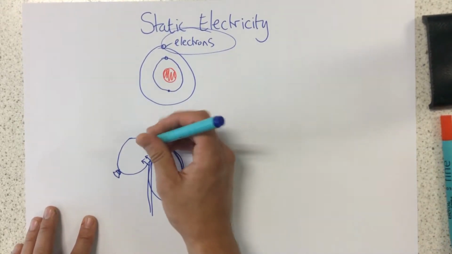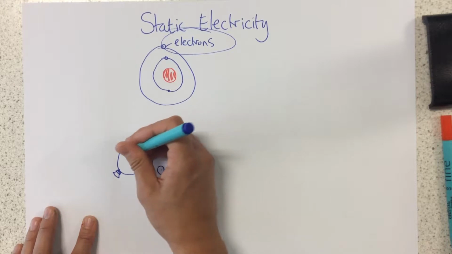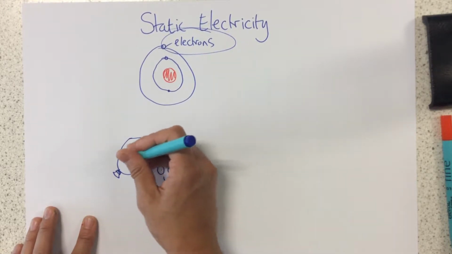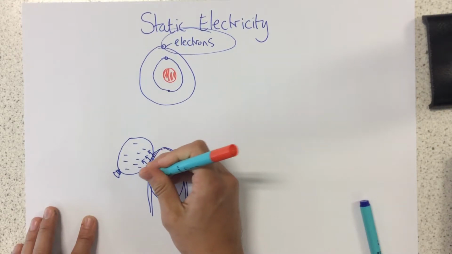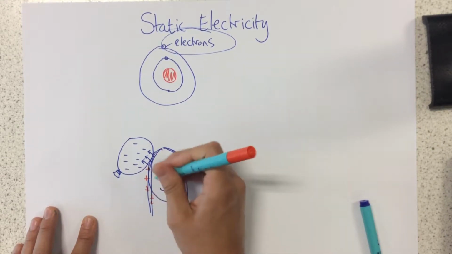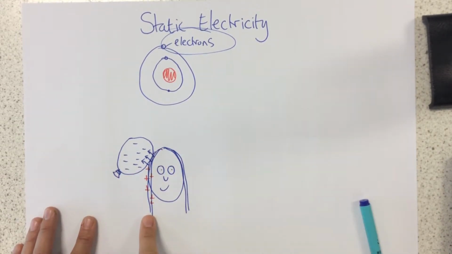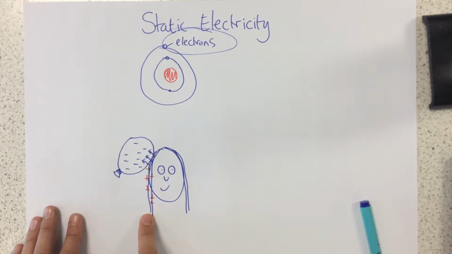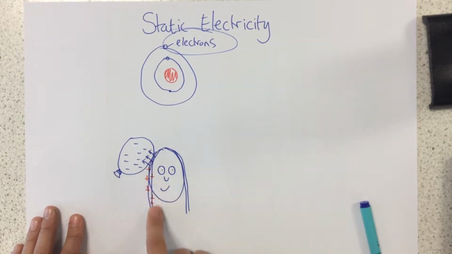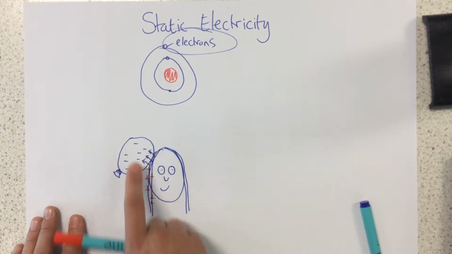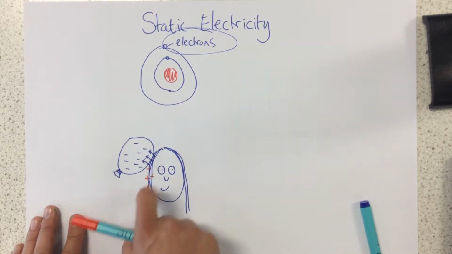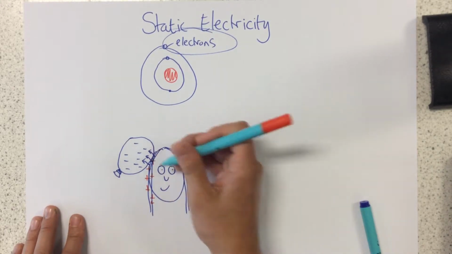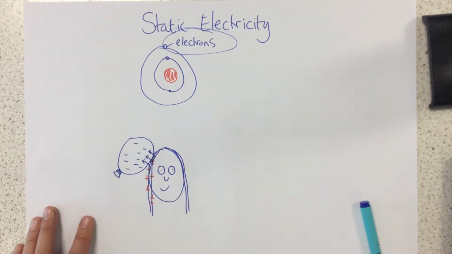So the balloon, because the electrons have been transferred this way, has become negatively charged, and this person's hair has become positively charged. The reason why the hair has become positively charged is because it's lost these negative electrons. It hasn't lost any protons, it's only lost electrons, so now it's positively charged.